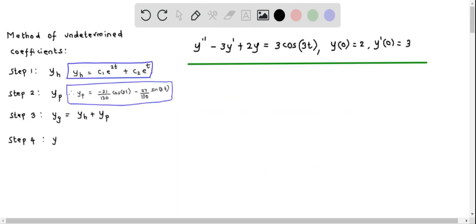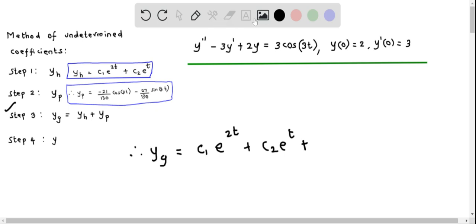Let's do step 3. So here we have to determine the general solution. So basically we have to add the homogeneous solution and the particular solution. So therefore we see that yg, which is the general solution to the given differential equation, equals the homogeneous solution, that is c1 e raised to the power of 2t plus c2 e raised to the power of t, plus the particular solution.